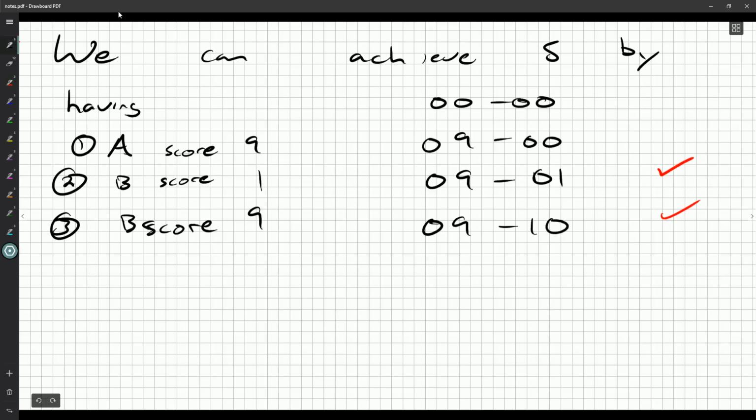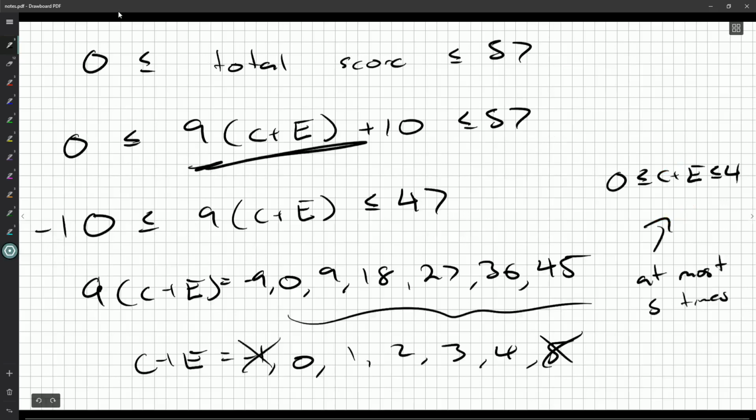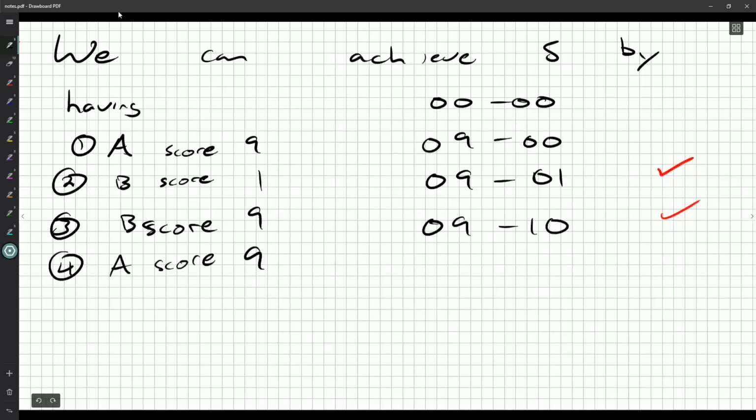Then I suppose we could have A score to go with 10, so we need a 19, so we could have A score 9. It looks like we're going up by 9 each time, and that makes sense because what's the total score we need? It's a multiple of 9 plus 10. So that would be 18, 10, and that also works.